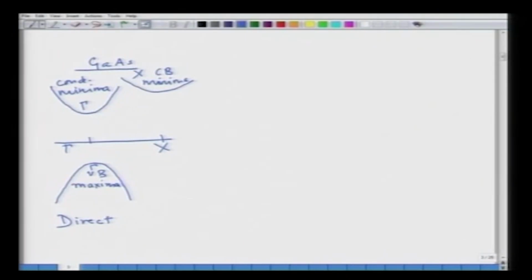So, if we look at gallium phosphide, this is an indirect band gap material, and basically it has a similar band structure. The only thing is that now with the change from arsenic to phosphorus, we find that the x conduction band minima is at the lower value, while the maxima remains at tau.